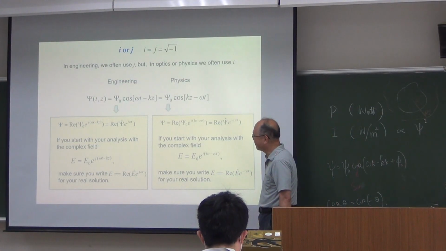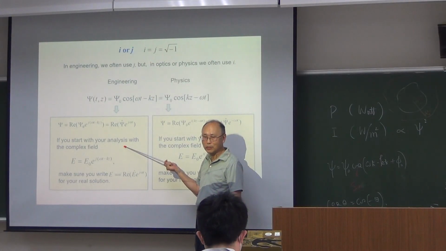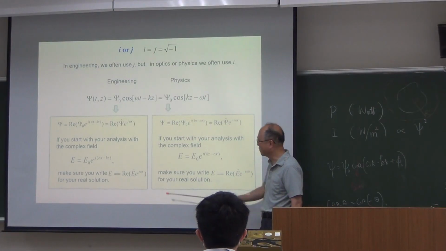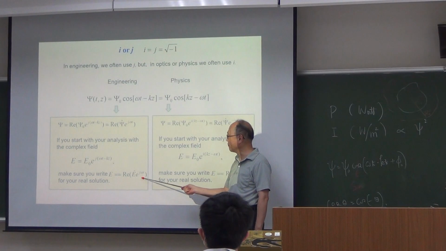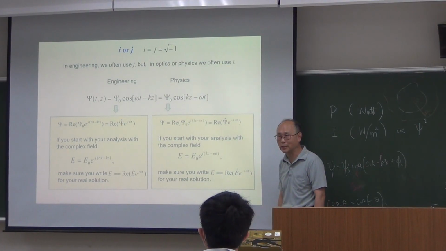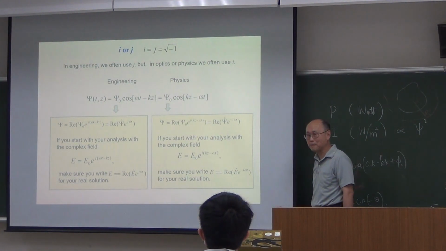So from here on, for this set of the analysis, I'm going to adopt this engineering notation. Okay. And then later, if I get any answer for the phasor solution, then I convert it back to the real world by adopting this exponential j omega t. And notice that this i and j are in fact the same.